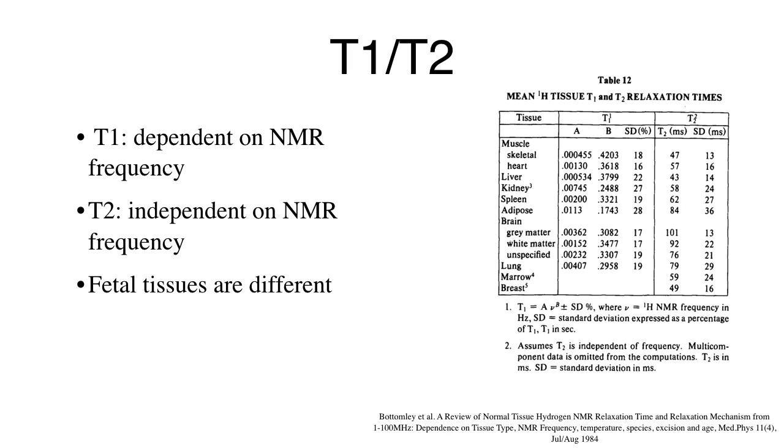Therefore, I left all the T2 values constant in my project. What needs to be noted is that the data for fetal tissues are very different from the one for adults. In fact, all the data in this paper is solely for adult tissues. I also kept all the values for fetal tissues in my project constant because of this.